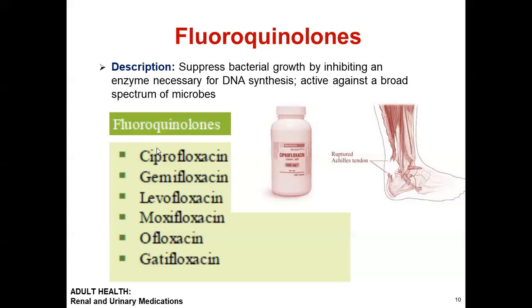Examples are ciprofloxacin, levofloxacin, moxifloxacin, ofloxacin, or gatifloxacin. These are the names of fluoroquinolones we use for urinary tract infection, or as a urinary antiseptic, for treatment of the infection.